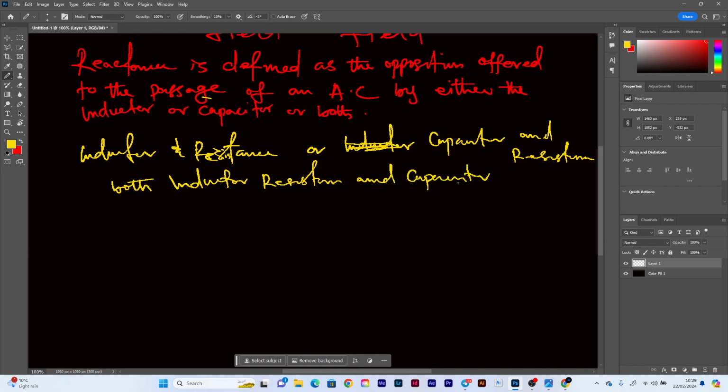Any circuit that contains resistance and either inductor or capacitor, or all three, the kind of opposition offered by the three or two of them is what they refer to as impedance. Do you understand that now? Yes, sir. Reactance is just opposition by either inductor or capacitor or both of them. Impedance is the opposition offered by inductor and resistance, or capacitor and resistance, or all three.